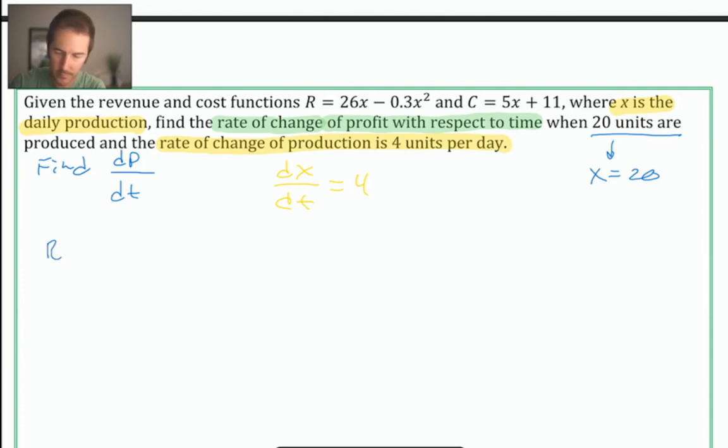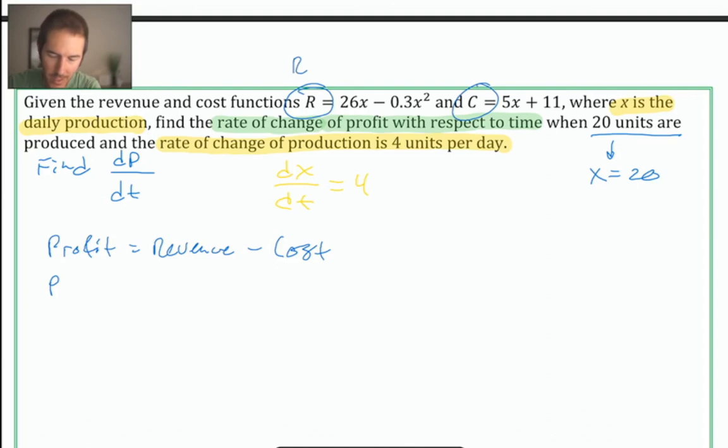Yes. Profit, that's a P, equals revenue minus cost. So P of X, I was going to write P of X equals R of X minus C of X, but the notation that you're seeing at the top of your screen doesn't say R of X and C of X. We could be using function notation, but it's not written that way in the printed problem, so I won't do that.